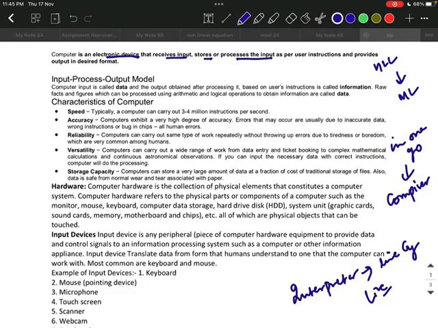So the raw facts and figures which could be processed further using certain arithmetic or logical operations to obtain information. Now information is the useful data, and data is the raw data, right?